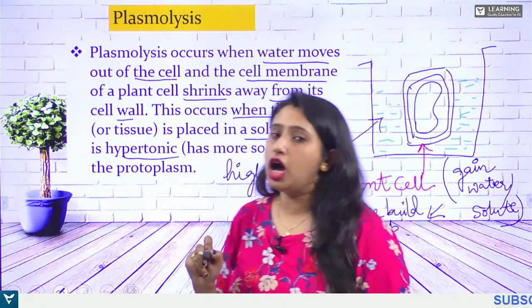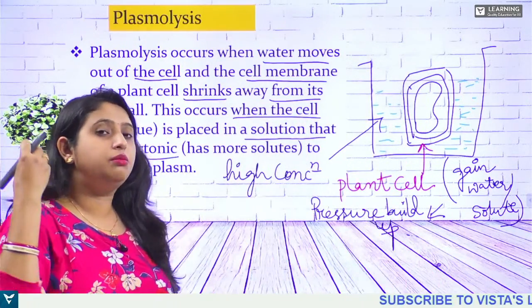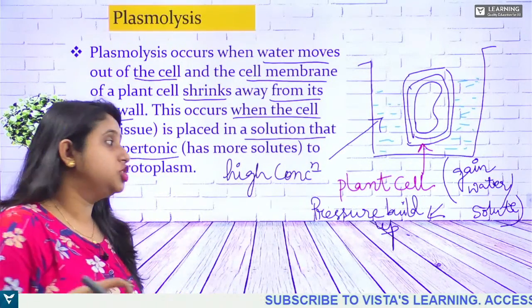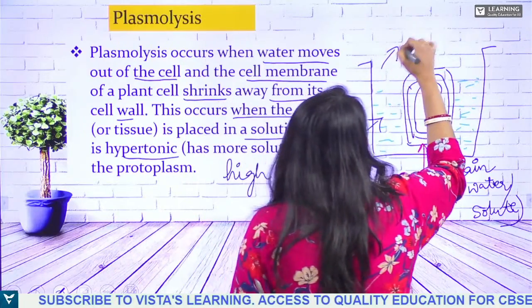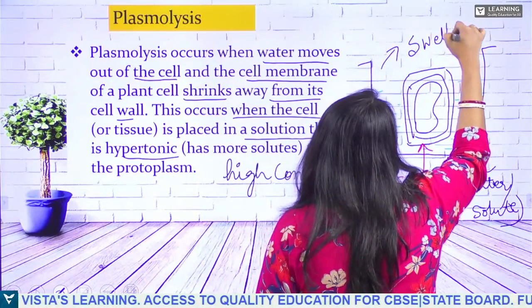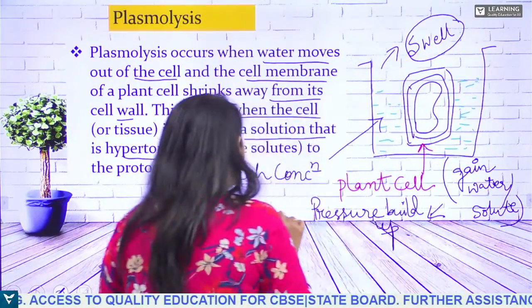So in the case of plasmolysis, the cell might swell or the cell might shrink. As I said, here the cell will swell up.